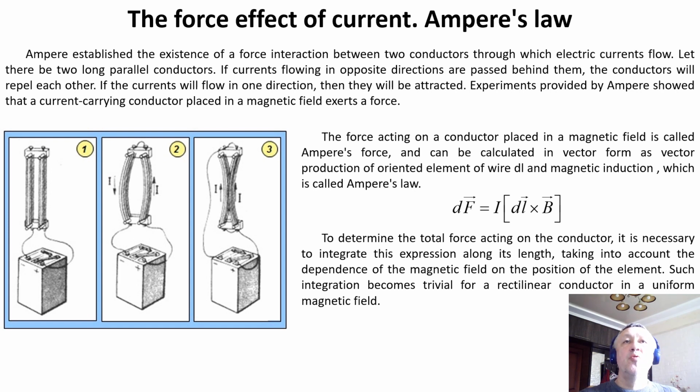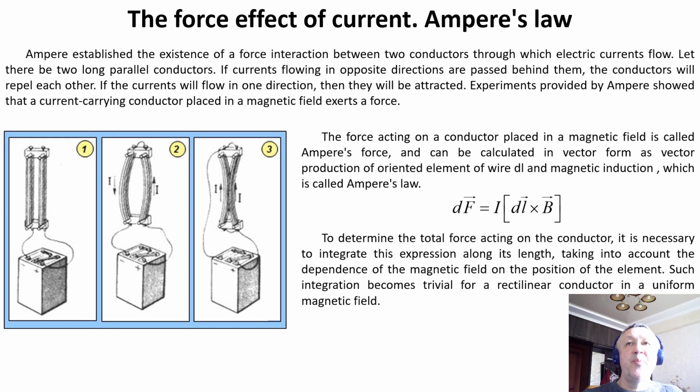If currents flowing in opposite directions are passed through them, the conductors will repel each other. If the currents flow in one direction, then they will be attracted.